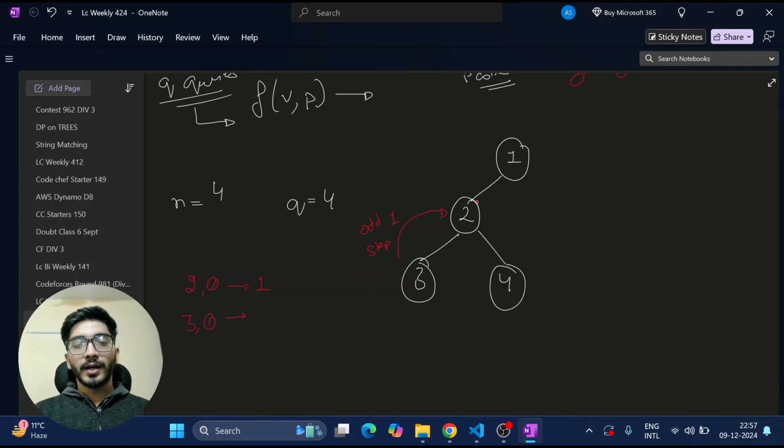From this particular node, I don't have any coin to spend, so we will move towards this point. In that case, we need 2 steps. But there may be a chance that I will move to this other point as well.